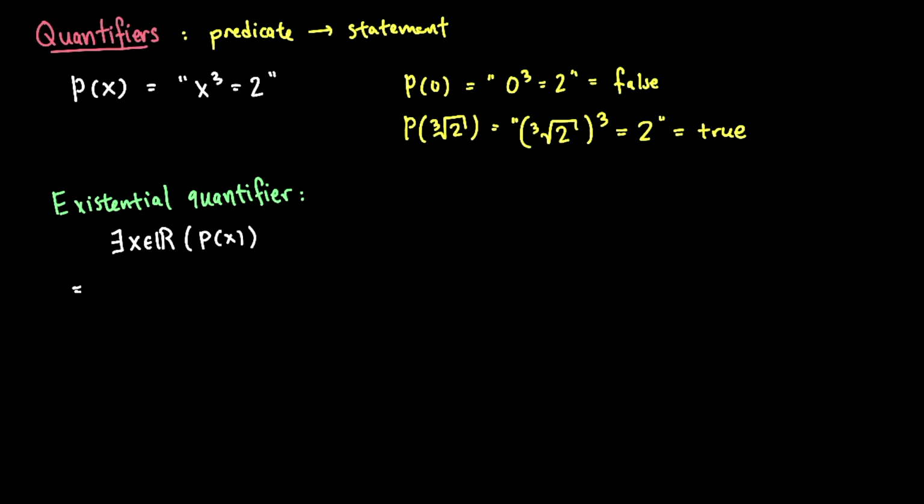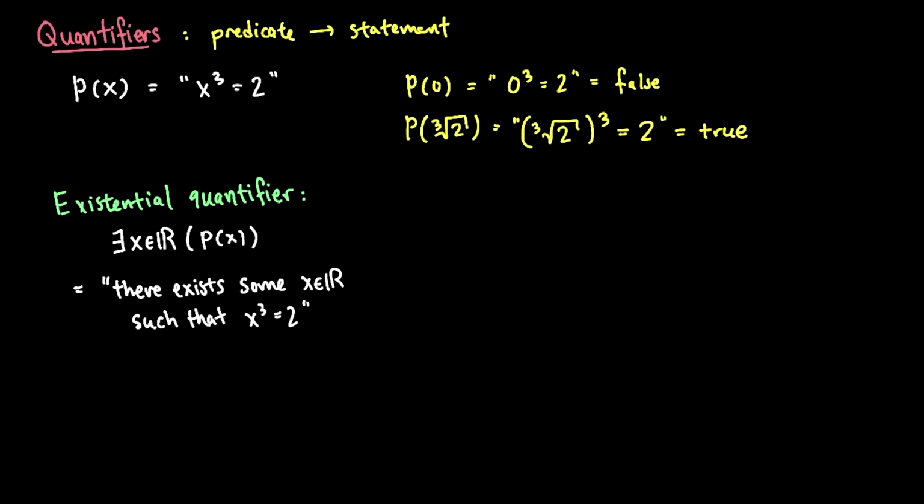If you write that out in English, you read it as there exists. So that backwards e stands for exists. Some real number x such that p of x. And p of x is the statement that x cubed equals 2.